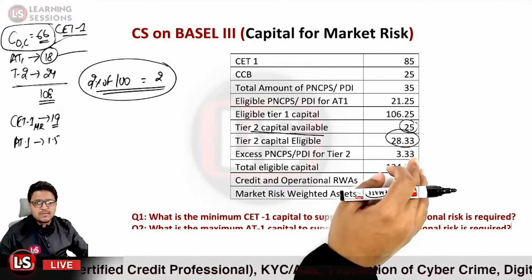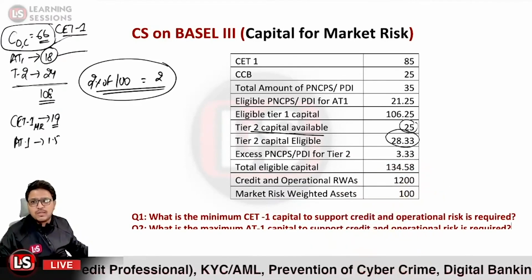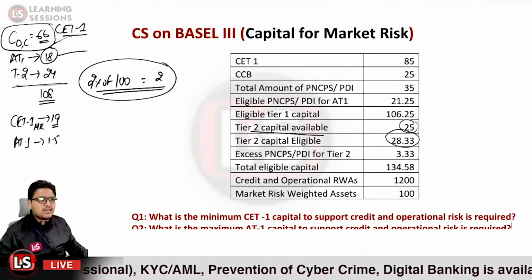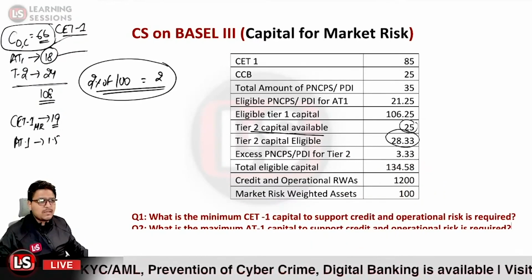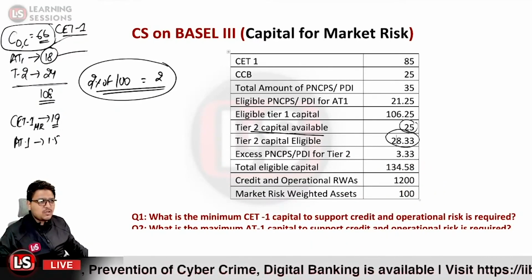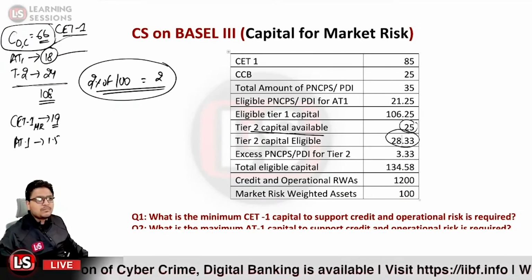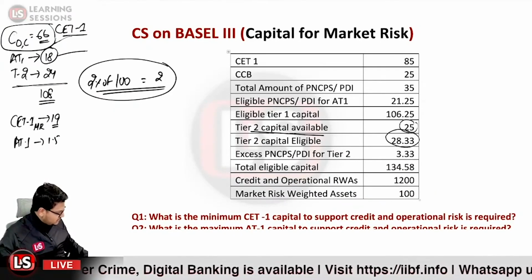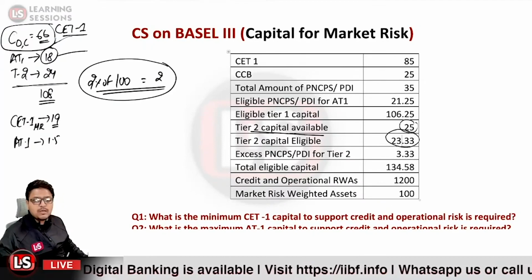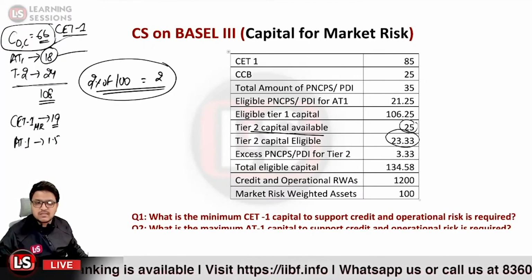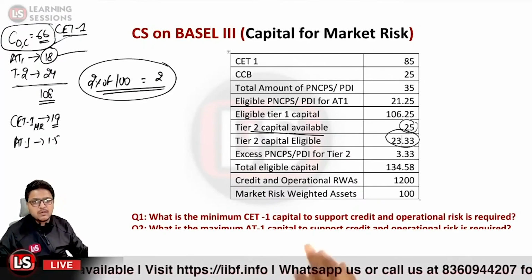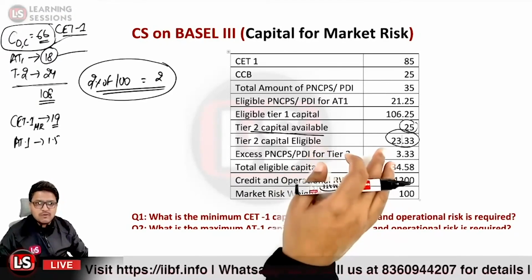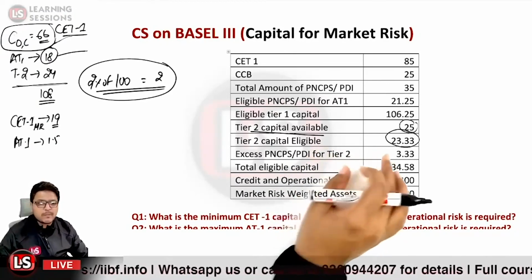We can basically think of it like it is given to be 23.33. So let us take the case that the total tier 2 capital eligible is 23.33. So we will be correcting this part to be 23.33, because otherwise it does not make any sense. If the tier 2 capital given over here is 25, the eligible capital cannot be beyond that particular capital.